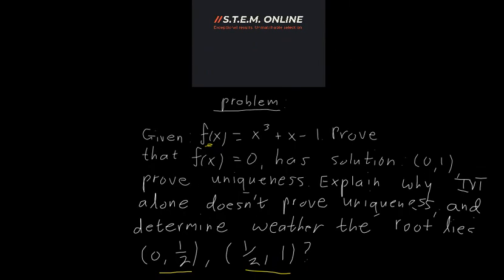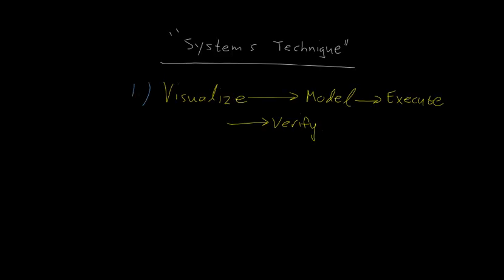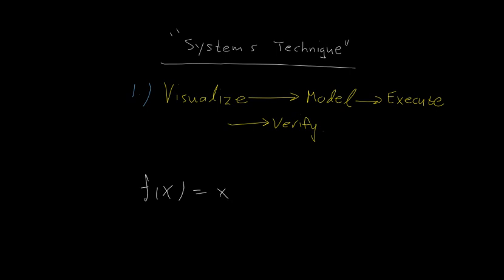The function is negative at 0 and positive at 1. And I can prove that right now, because look, f of x equals x cubed plus x minus 1.